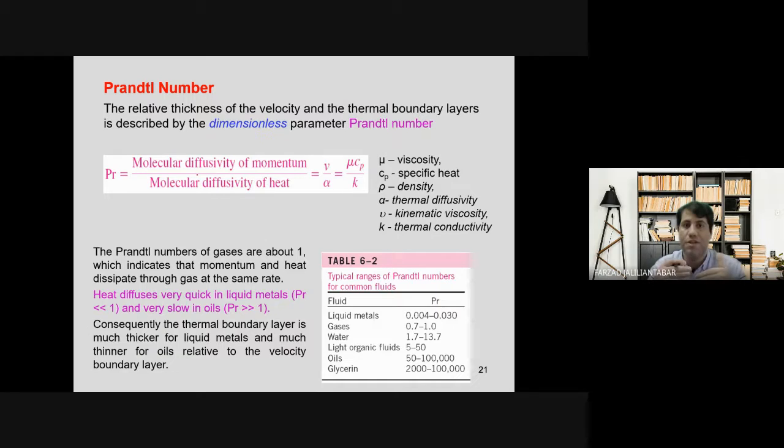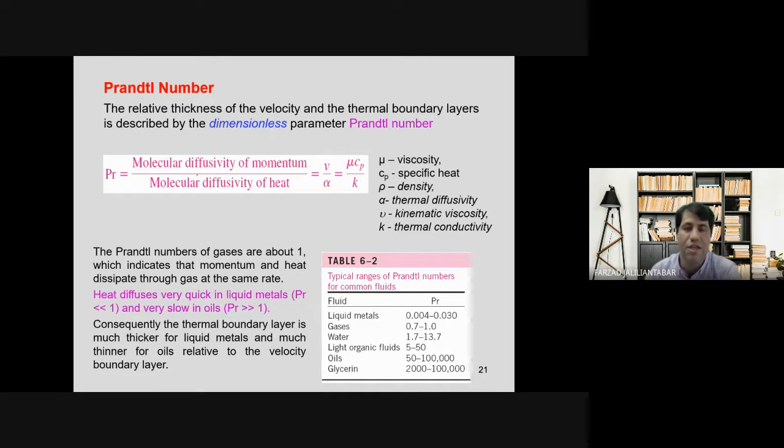I mean, will heat be transferred faster from the surface to the fluid, or will the velocity of the fluid be affected faster by the surface? So if the change in the velocity is lower than the rate of the change in the heat transfer or thermal boundary layer, then it means the convection heat transfer rate is higher.